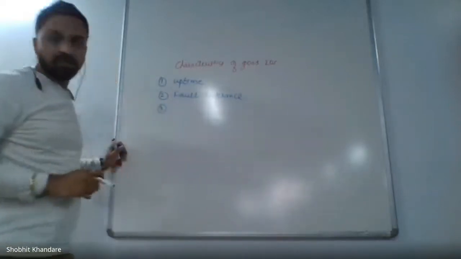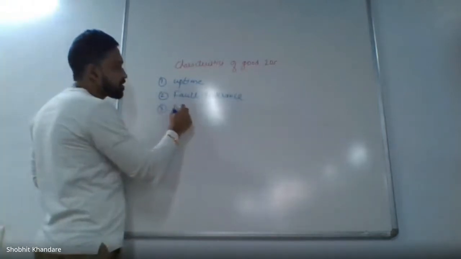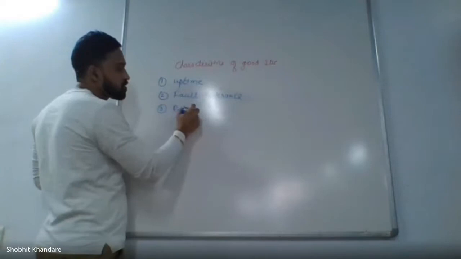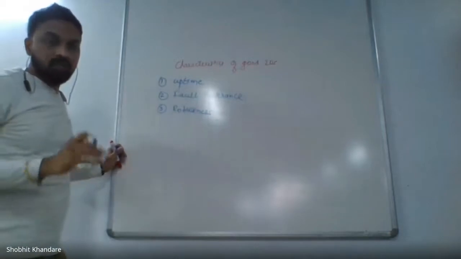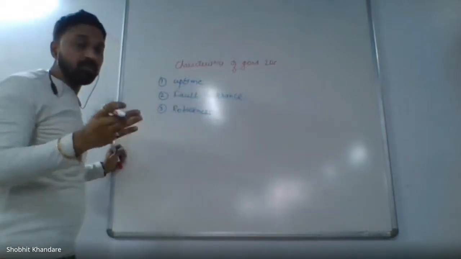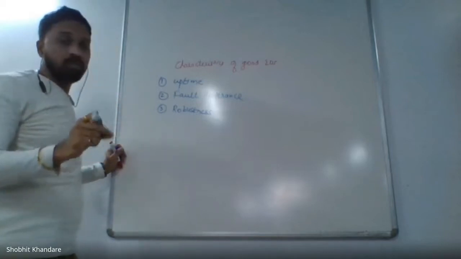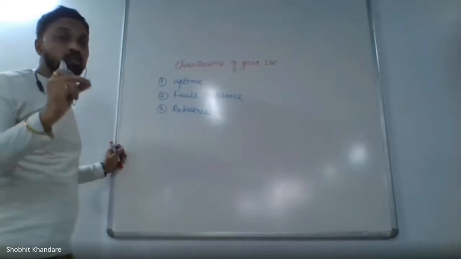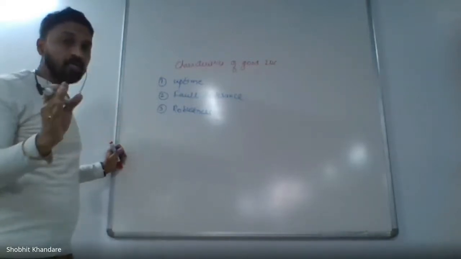The third one is robustness. This is important. In any condition, good or bad, your intrusion detection system should be able to detect the faulty packets, normal packets and intruder packets.